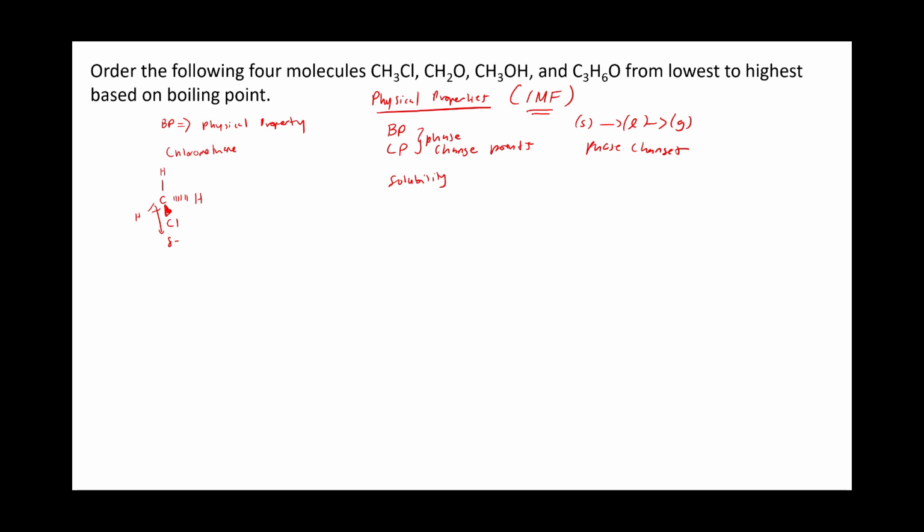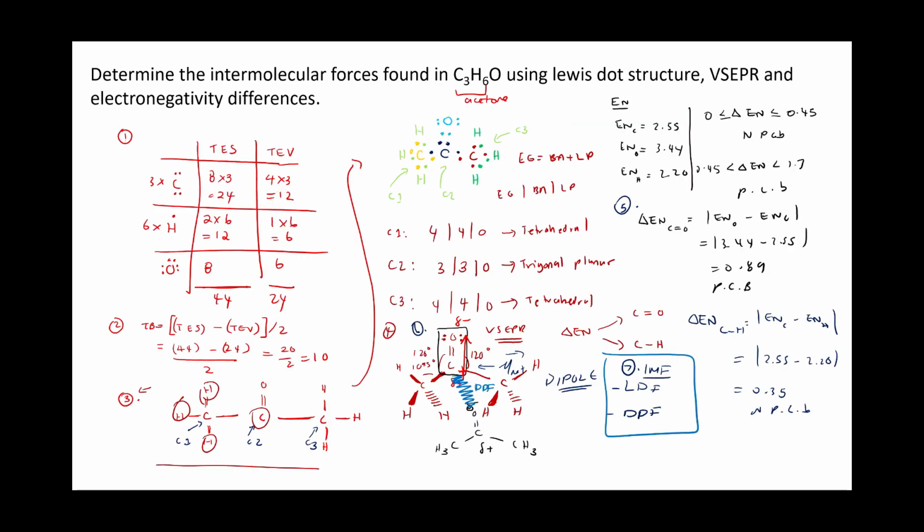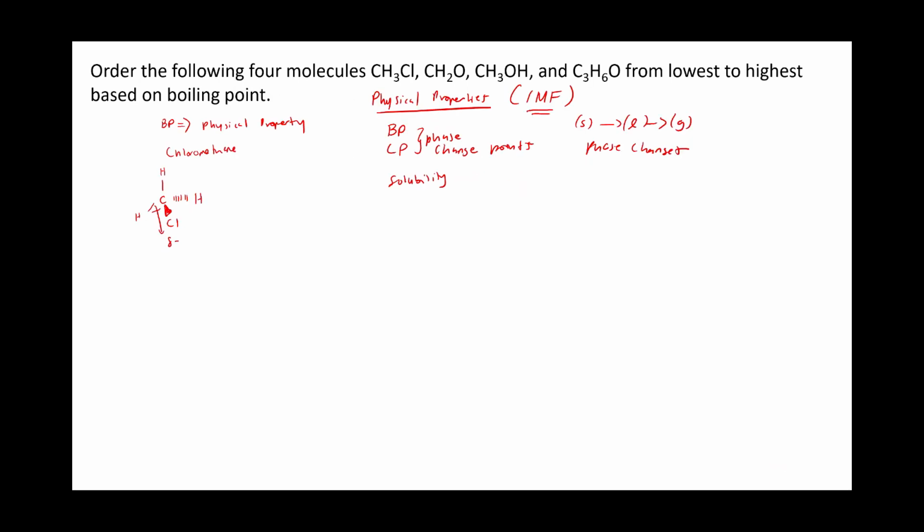We also looked at formaldehyde. Formaldehyde looks like this, right? And we looked at the electronegativity difference between carbon and oxygen and said it was a polar covalent bond.